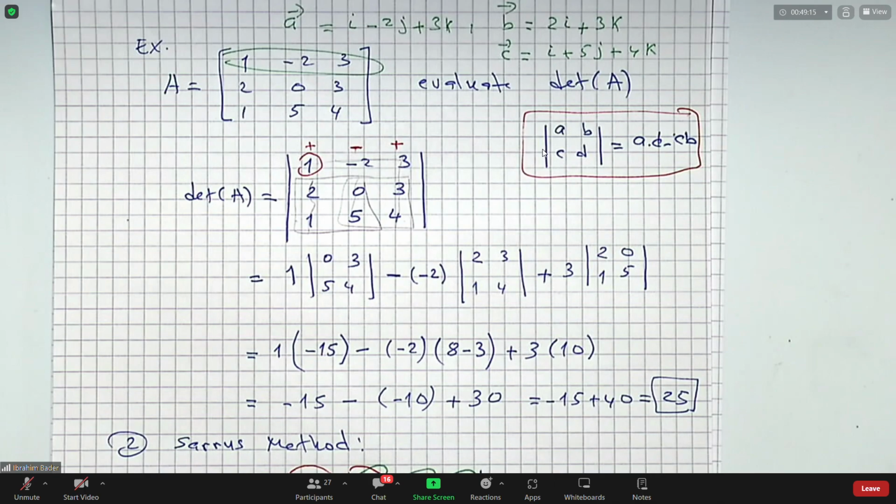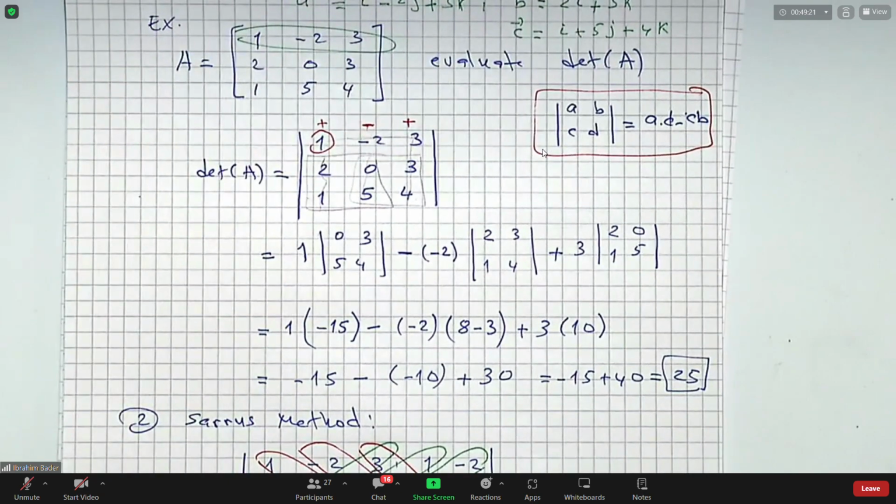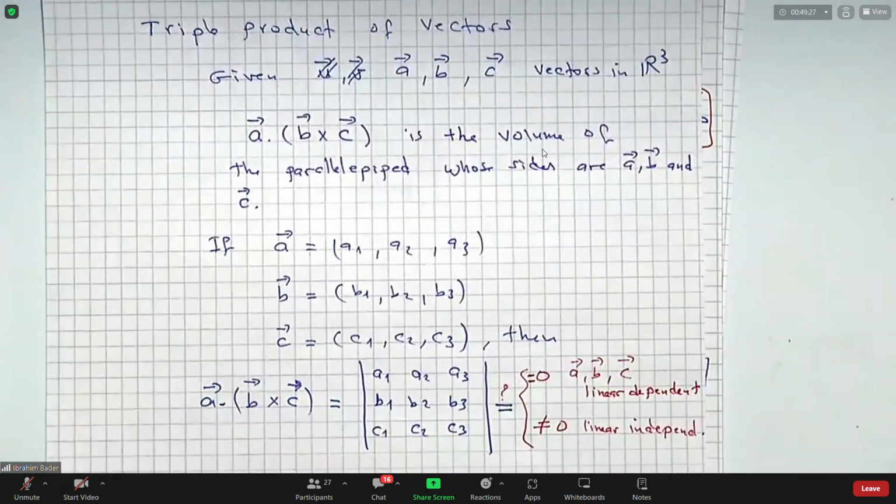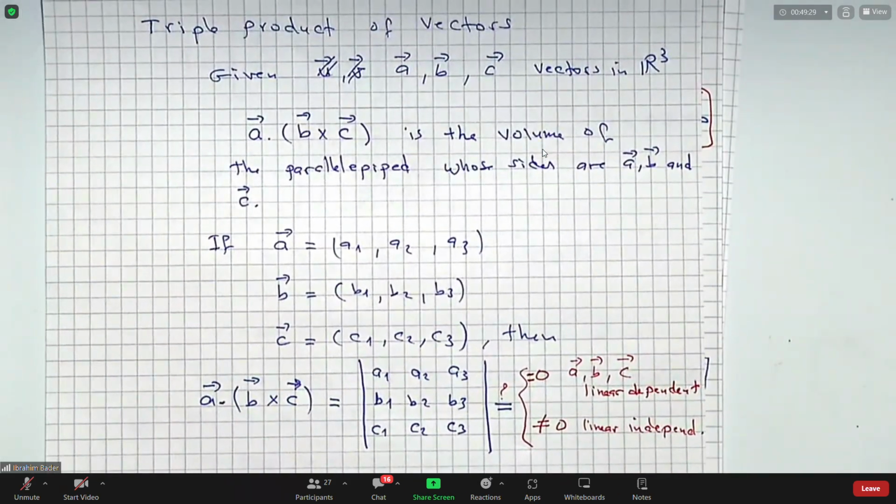If you go back to the triple product, this vector is not perpendicular to that one. So what does it mean that two vectors are perpendicular to each other?